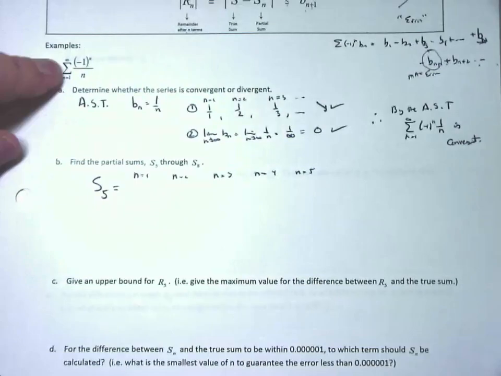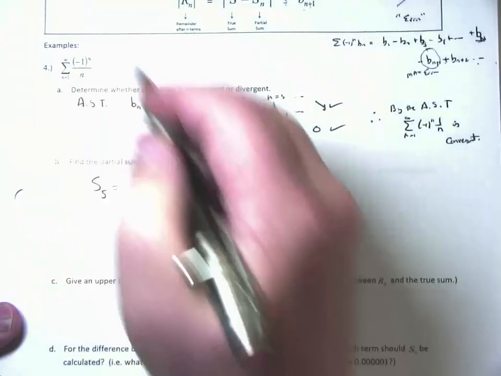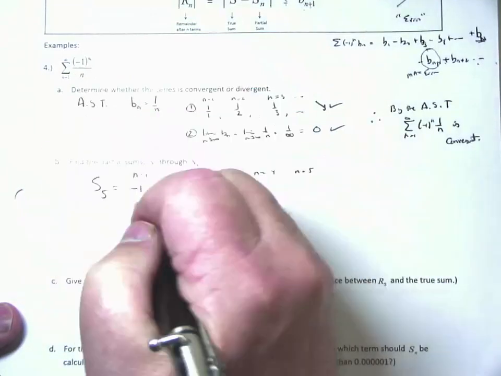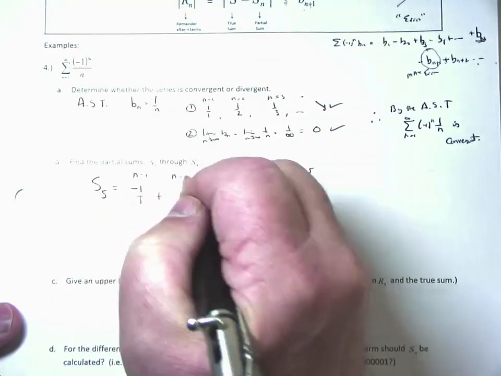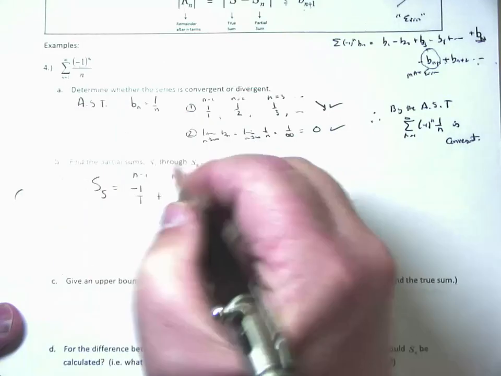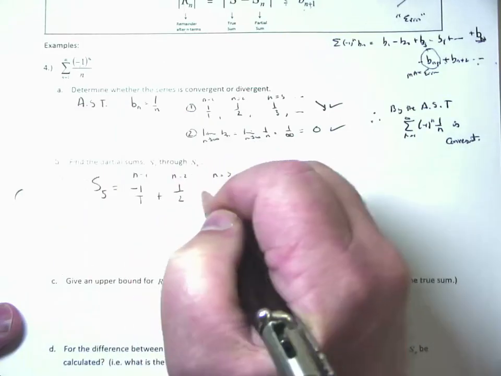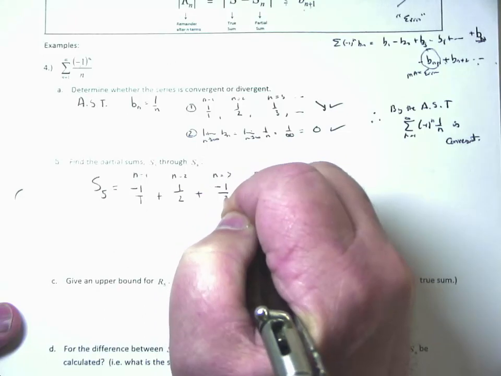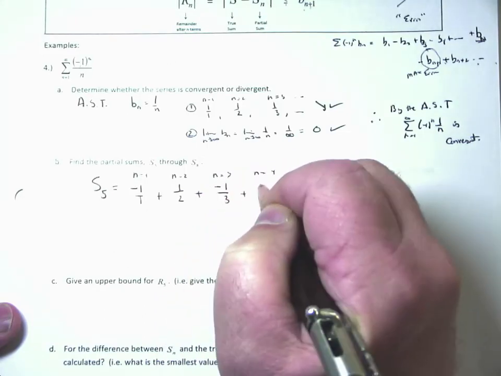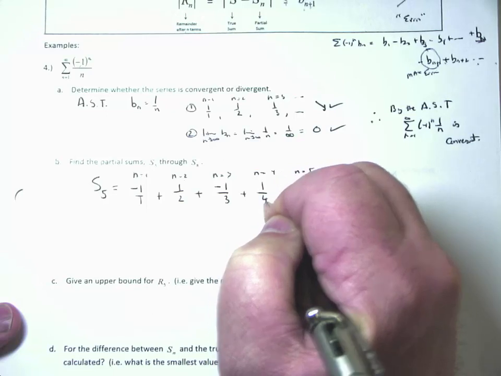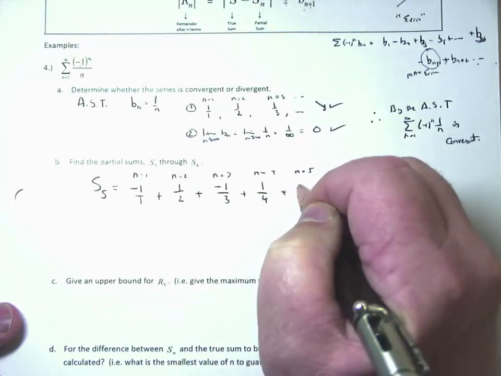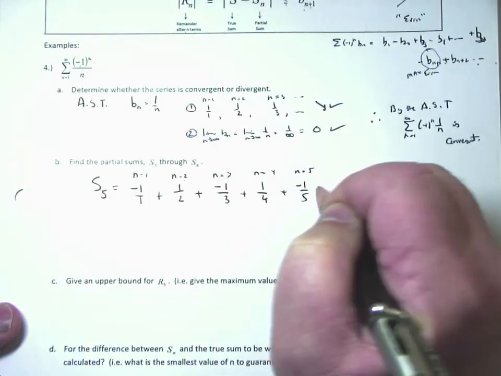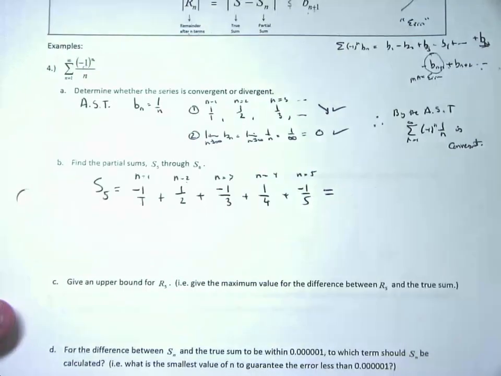So here's my series up here. Plug in n equals 1: negative 1 to the first is negative 1 over 1. Plus, plug in n equals 2: negative 1 squared is 1 over 2. Plus, the next one: negative 1 cubed is negative 1 over 3. Plus, plug in 4: negative 1 to the fourth is 1 over 4. Then plus, plug in 5, that'll be negative 1 over 5. You stop at 5 and you add it up.